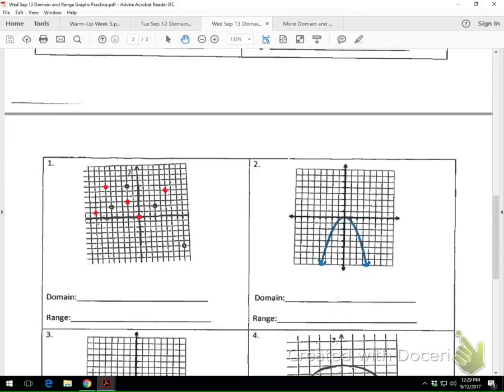Okay, so you change it to the way I did it. Okay, so don't worry about the dots that are already on there. Okay, then on number 2, we're going to change it to this. Okay, number 3.